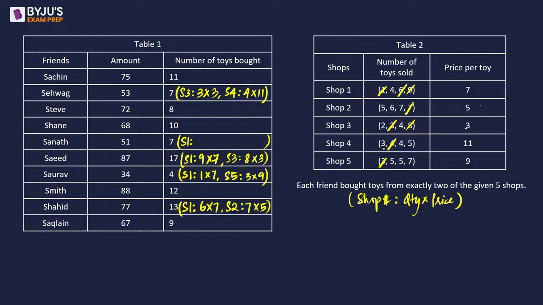33 plus 12 is 45. 25 plus 12, 28 and 33, 44. Any other way to make this 51?